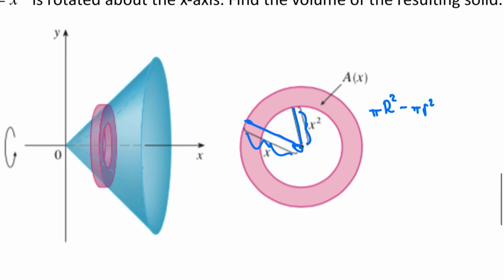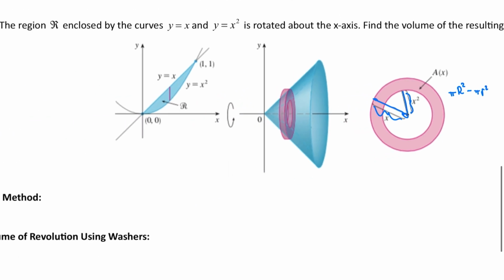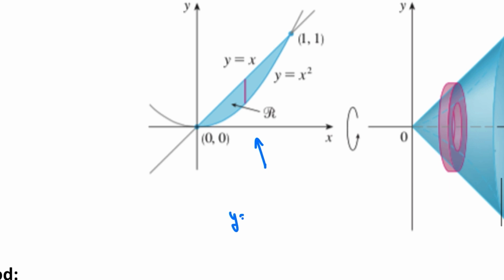Well, the same idea applies, whereas before our volume was the integral of pi r squared. Now we're going to be taking out that intersection, just like we had done previously when we looked at the area between two curves. I'm using our two functions, x and x squared, as examples. They're going to intersect on the left at x equals 0, and they're going to intersect on the right at x equals 1.